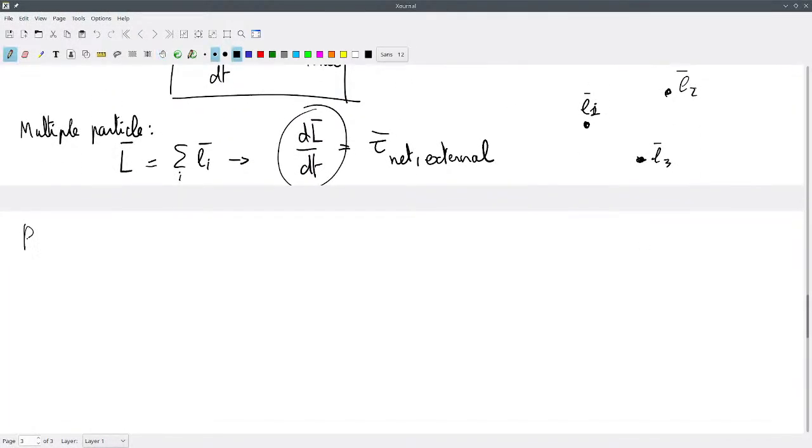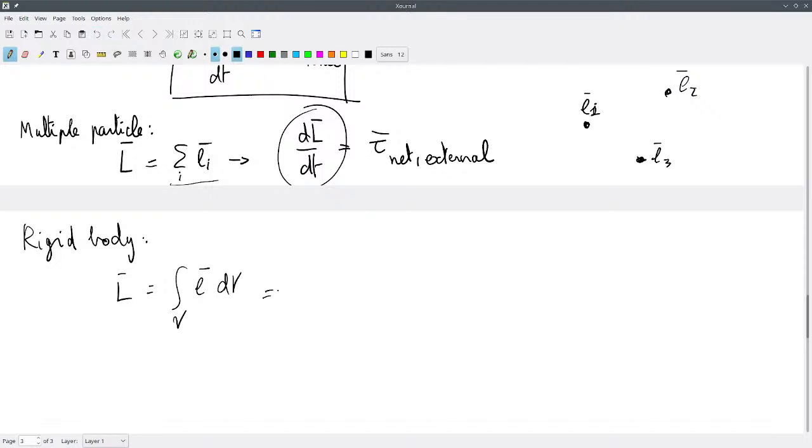So for a rigid body, L will be, now it's not going to be the sum over all little l's, but it's going to be the integral, let me not write dm there, let me write dV. So it will be the integral over the entire volume of the angular momentum for infinitesimal volume elements.